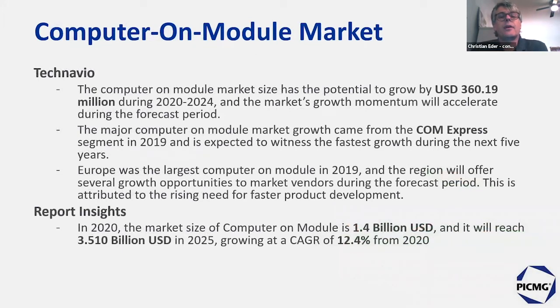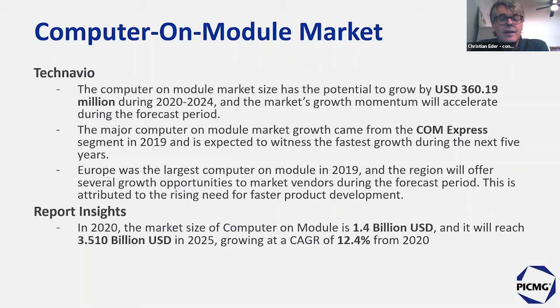In general, the idea of computer module is not new, and the most prominent player in this computer module market is COM-Express. And on this slide, you see some market numbers. So we have a tremendous market volume which COM-Express reached. COM-Express was introduced back in 2005 and still is the most important computer module standard.